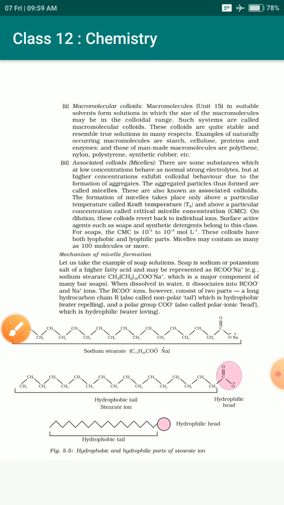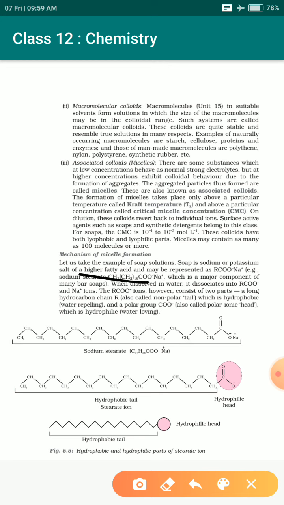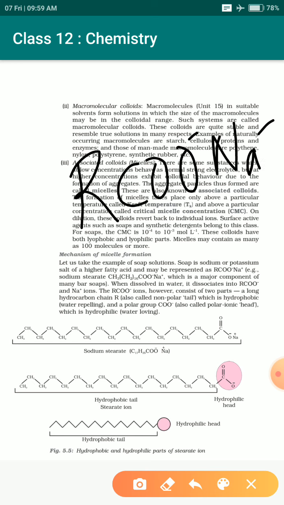Okay, now speaking further, the potassium or sodium salt of higher fatty acids is actually soap, and it is always represented with this particular symbol, RCOO minus Na plus. This Na plus shows that it is a sodium salt.